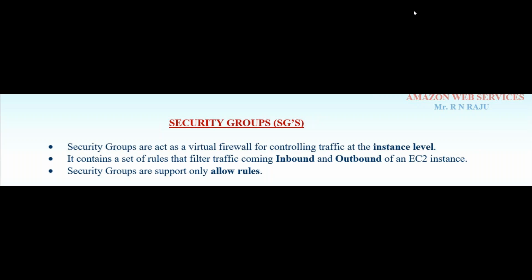But security groups support only allow rules. You can modify and attach the rules in inbound, and there is no need to attach rules in outbound, because by default outbound traffic is allowed, but every inbound rule is deny by default. So that's why you attach rules like port numbers.